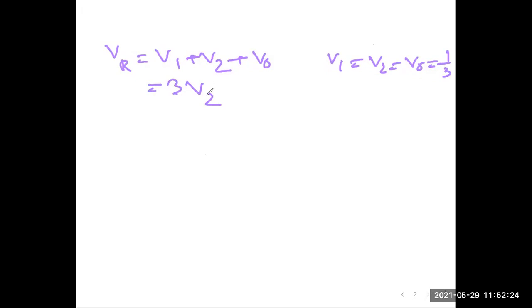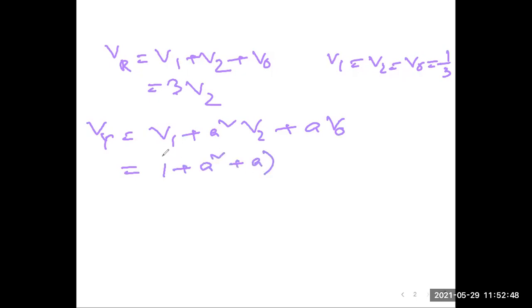Yes, sir. Okay. Next, Vy equal to V1 plus A square into V2 plus A into V0. Now here you see all are equal, so this will be 1 plus A square plus A, multiplied by V2, because V1 equal to V2 equal to V0.